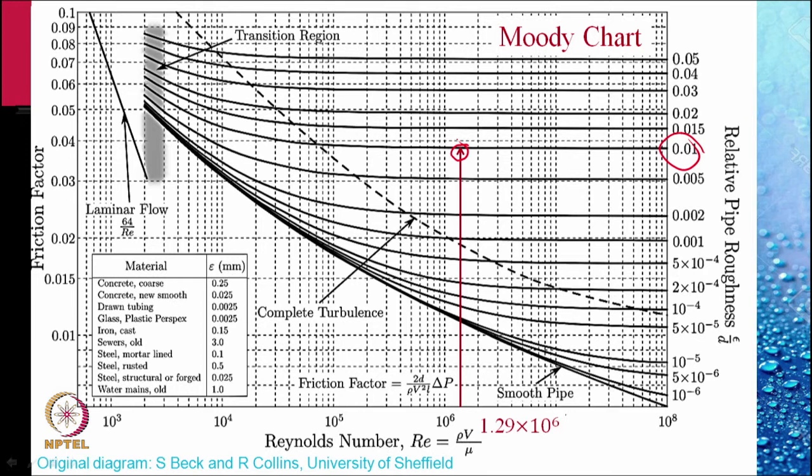From this, we can read the value of the friction factor as 0.038 on this scale. So, the Darcy friction factor for the flow through the hose is 0.038. We could also find out the friction factor from the calculators online, and we'll get the same value.